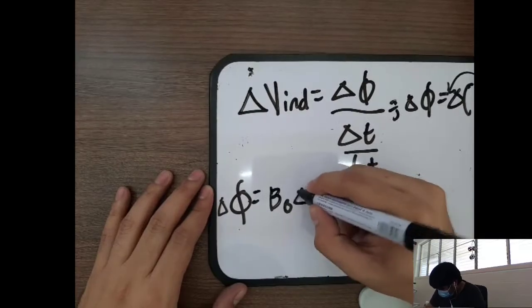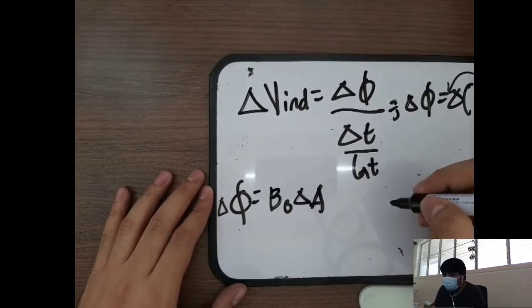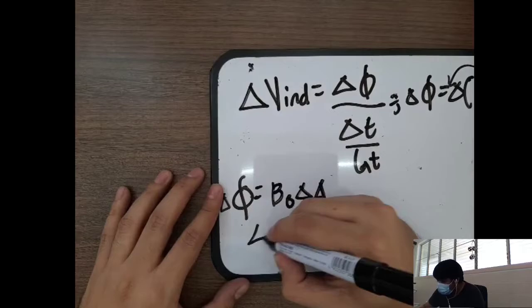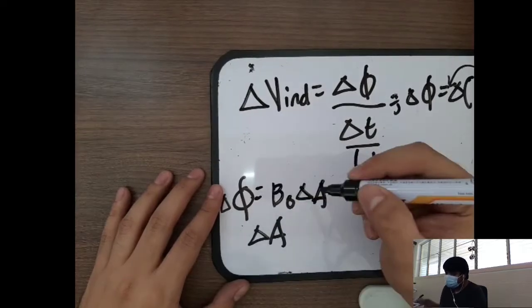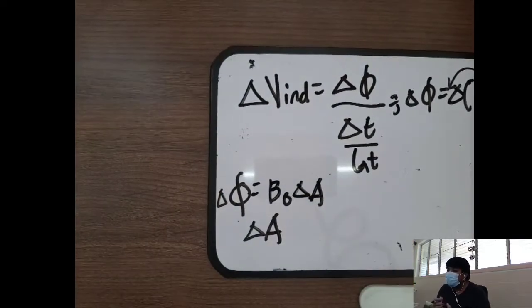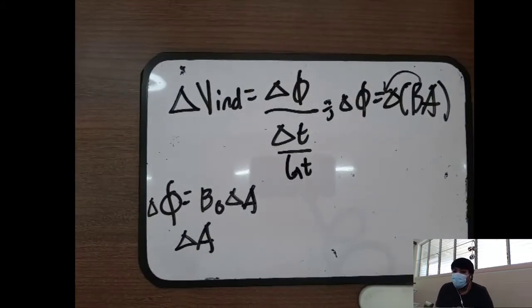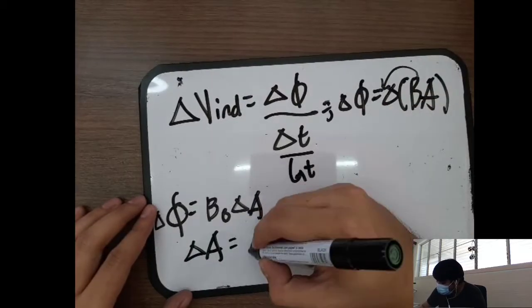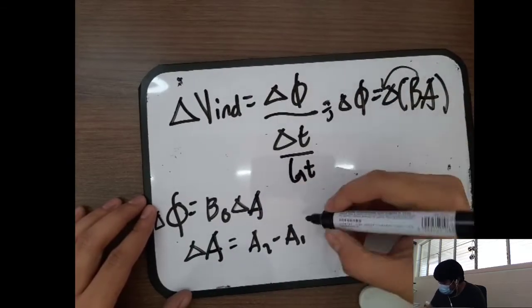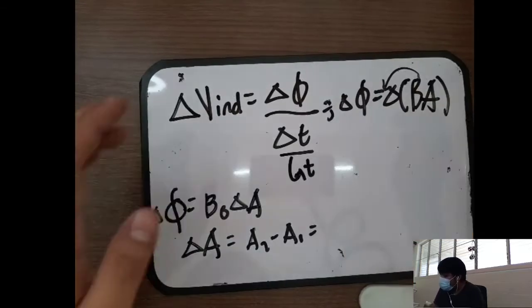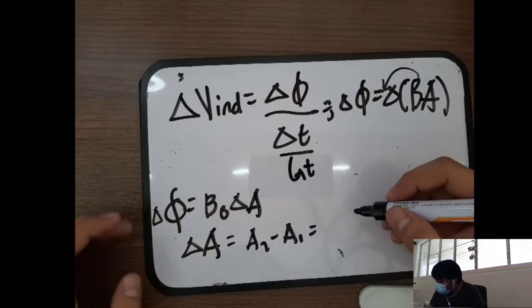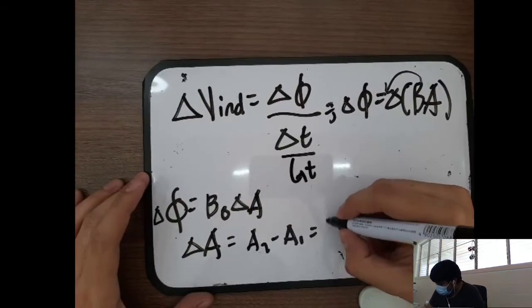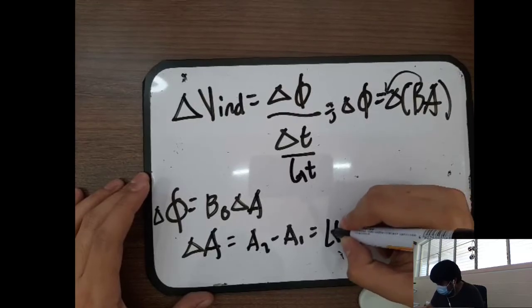And remember that the change in area is when the distance of the conducting rail changed from W1 to W2. Okay, so the change in area is A2 minus A1. Therefore, substituting the expression for area that we have obtained earlier, it would look like this.